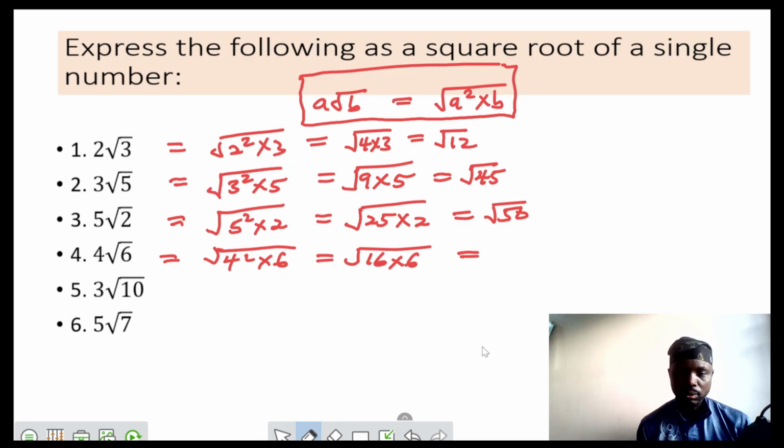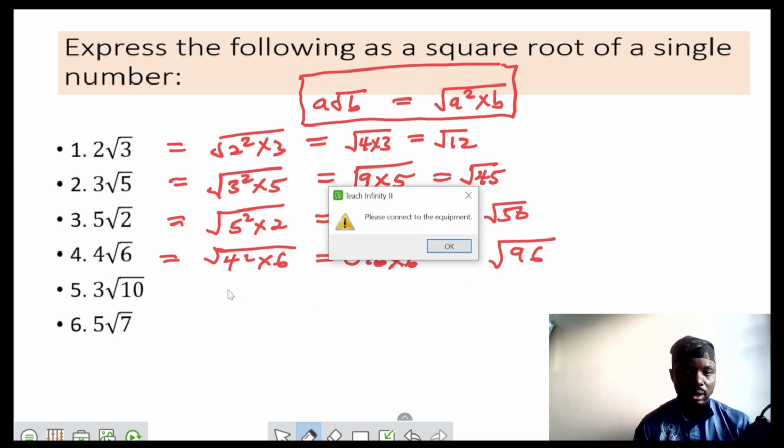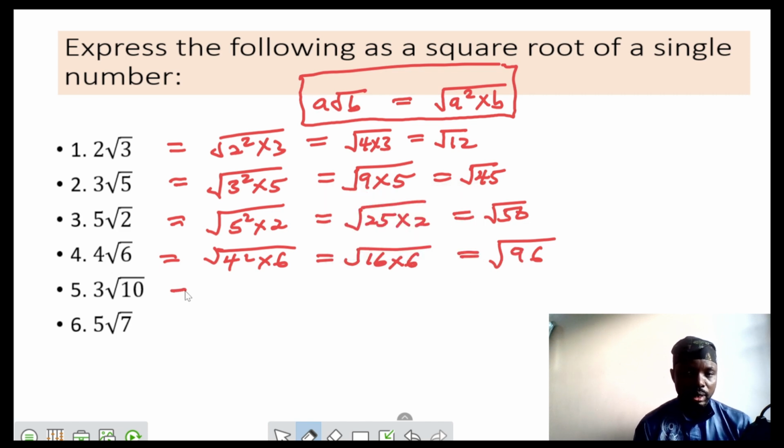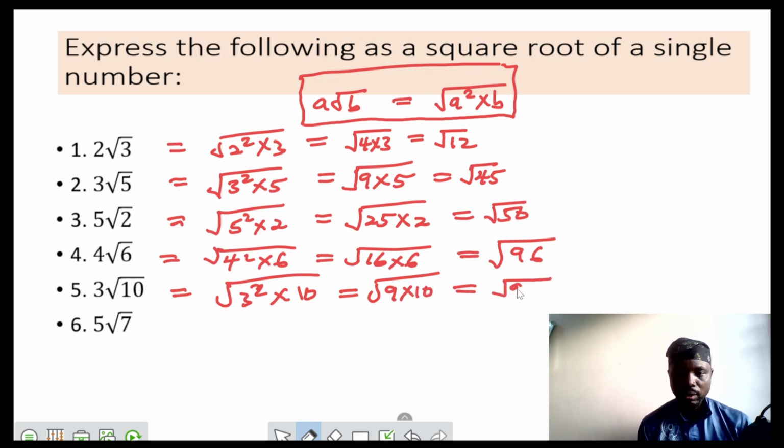So it will give you 16, that's 6 times 6, that's 36, carry 3, and that's 96, and so on. Then this is 3 squared times 10, and 3 squared is 9, times 10, will give me 90. You see? So this is just the reverse of the first one.